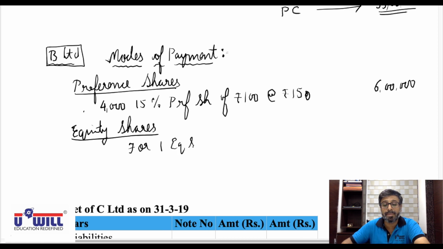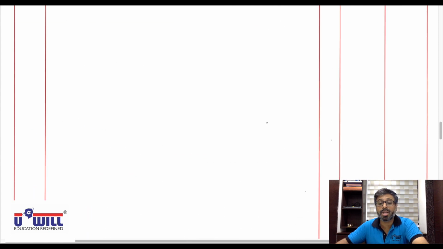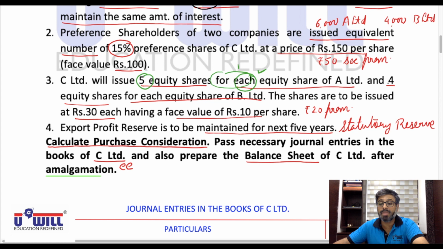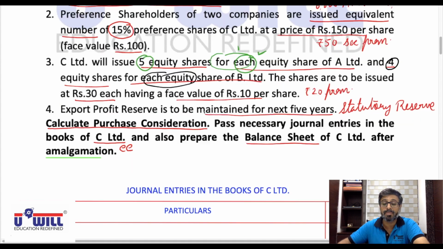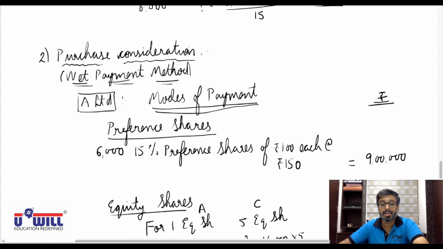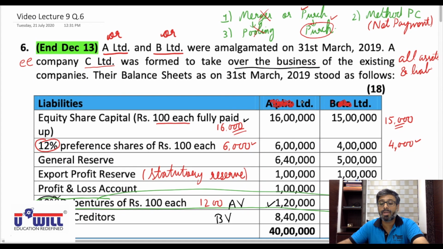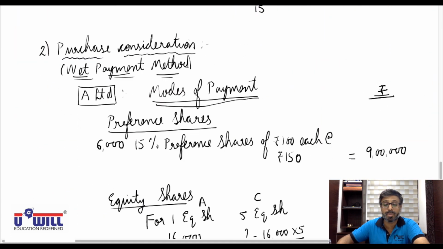Now in the adjustment it is given 4 equity shares are issued by C Limited to the B company for each equity share. So for one equity share in B Limited, C will issue 4 equity shares, and see at the top how many equity shares are there? 15,000. In B Limited there are 15,000 equity shares.